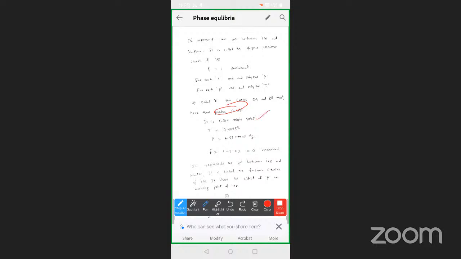The temperature is 0.0075 degrees Celsius and the pressure is 4.58 millimeters of mercury.